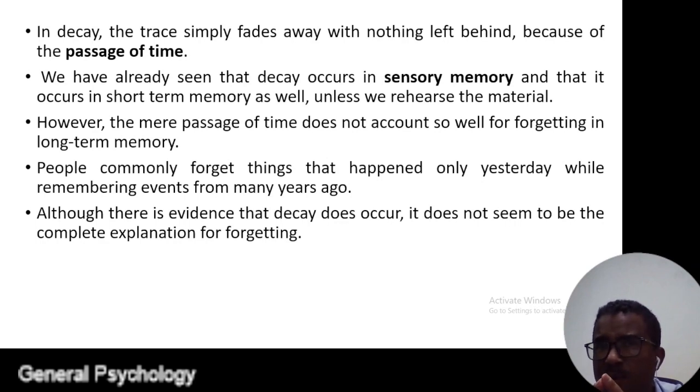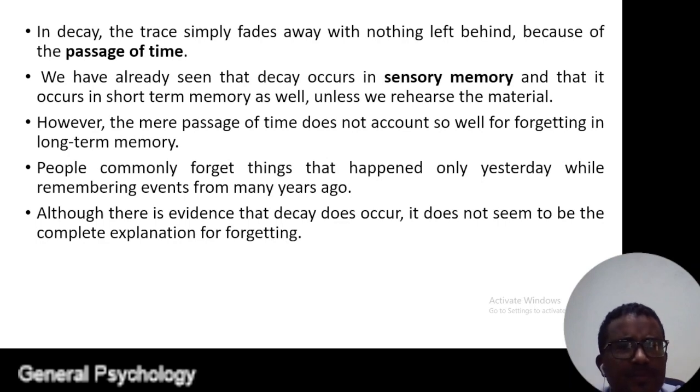In the sensory memory, information stays only for 1 second or a maximum of 2 seconds. Within these 2 seconds, we should process and pass that stimulus to short-term memory. Otherwise, the information will decay and be gone.